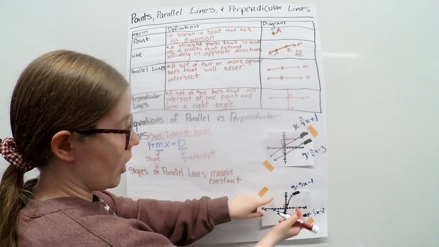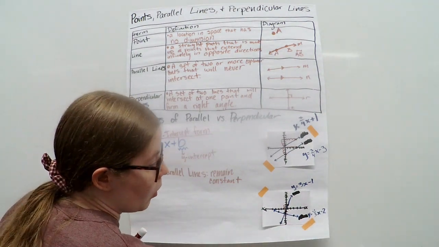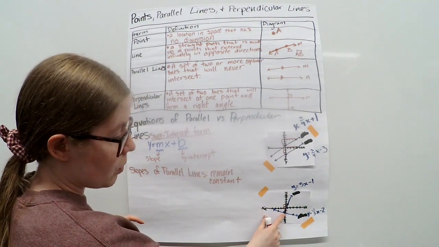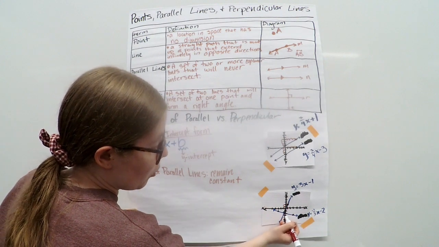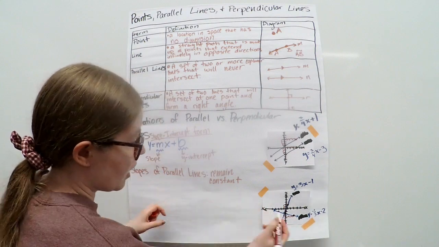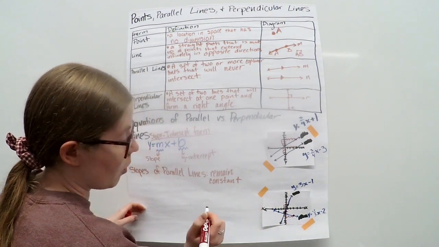And then the next equation that we have is y is equal to -1/3 x minus 2. So we start at -2, and we go down 1, and then we go over 1, 2, 3 to get our next coordinate point. And then these two lines intersect at a right angle.